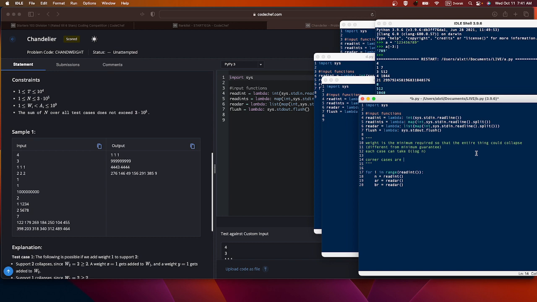Assuming it's enough, then all of that weight's going to go over to the next one, and the next one, and the next one, and so on.